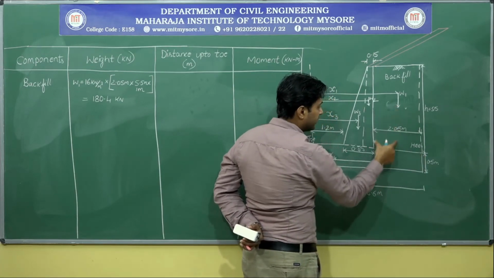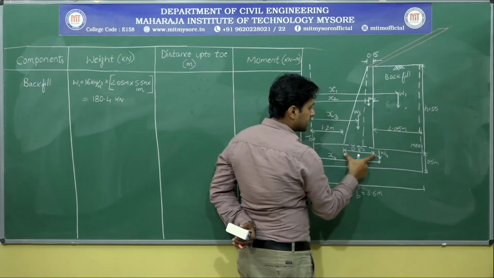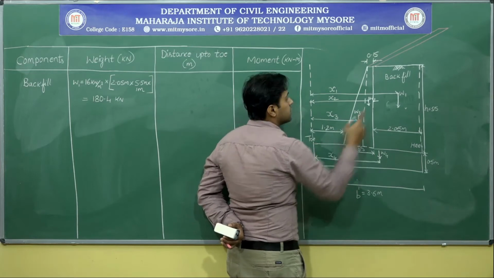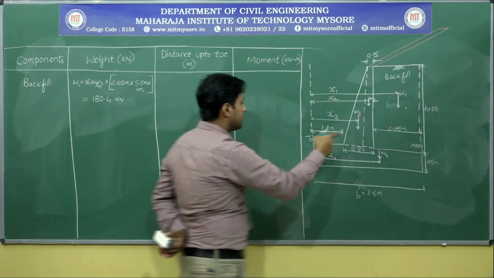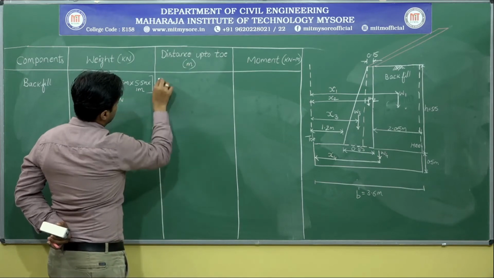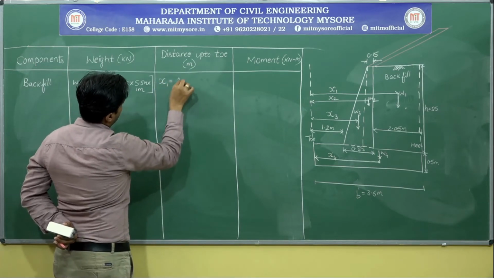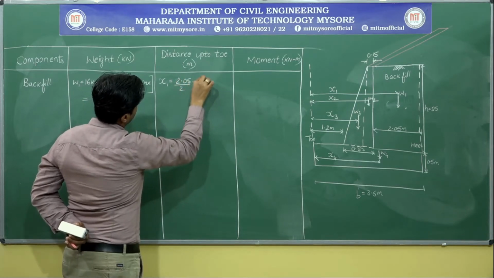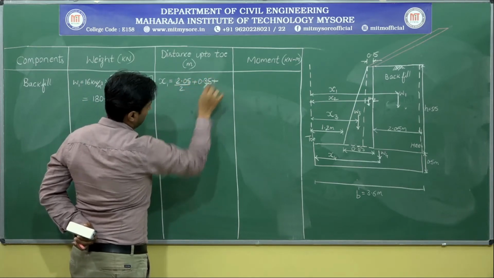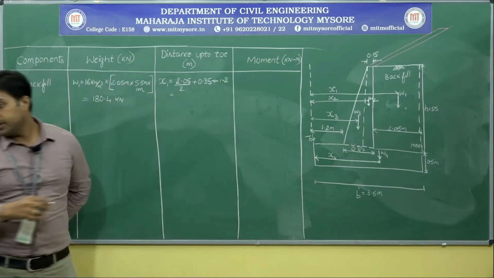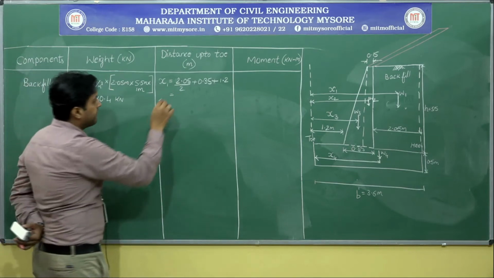Next, plus 0.35 plus 1.2. So that value is x1. It's 2.05 by 2 plus 0.35 plus 1.2, which is nothing but equal to 2.57.